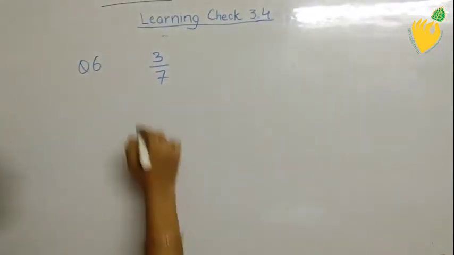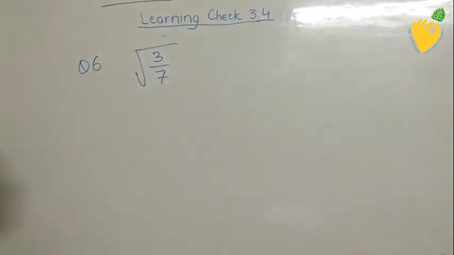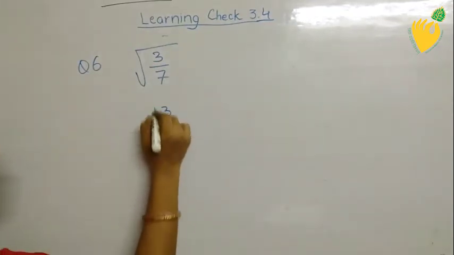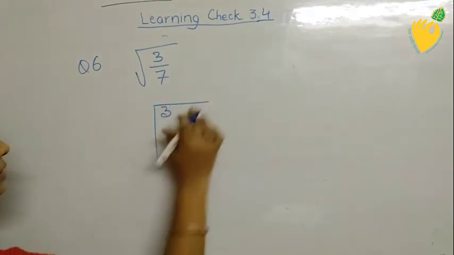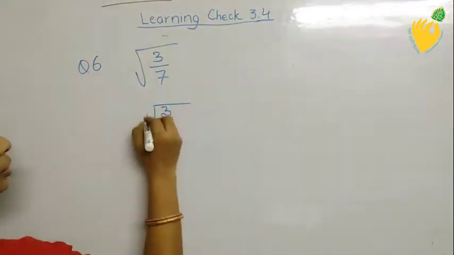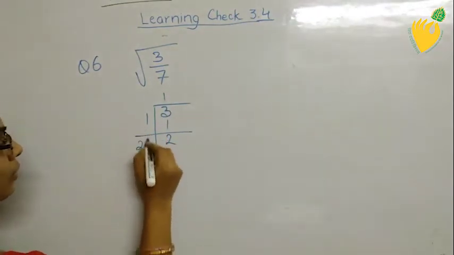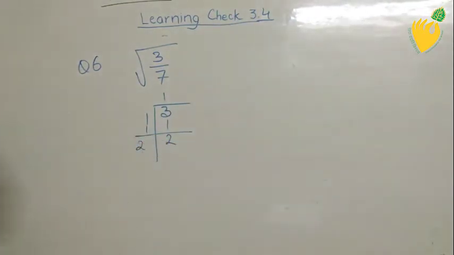Students, what do you have to find? You have to find the square root of 3 upon 7. First you will find the square root of 3 by the division method. It will go 1 time, 1 1 is 1. What is left here? You will double the digit, that is, add 1 or multiply it by 2.